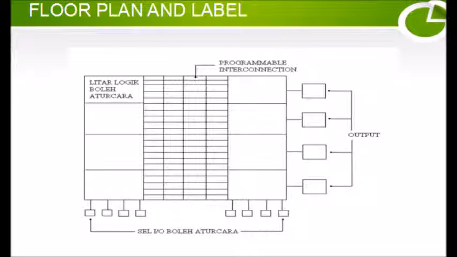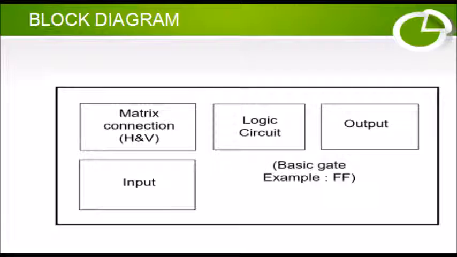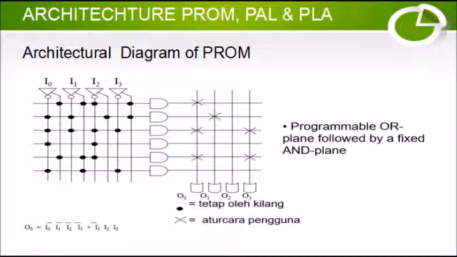This figure shows the floor plan and level. This is the block diagram of the architecture of PLD. The figure below shows the architecture diagram of PROM, which is a programmable OR plane, followed by a fixed AND plane.